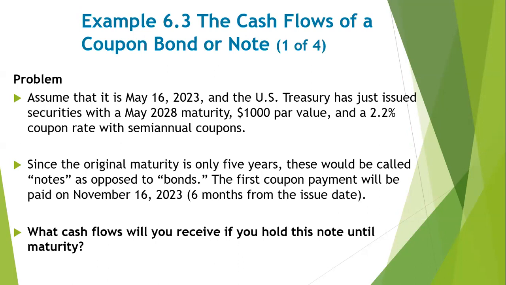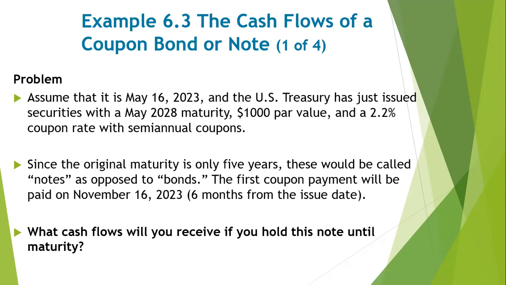So here's the problem. Assume that it is May 16, 2023, and the U.S. Treasury has just issued securities with a May 2028 maturity, $1,000 par value, and a 2.2% coupon rate with semi-annual coupons. Since the original maturity is only 5 years, these would be called notes as opposed to bonds.